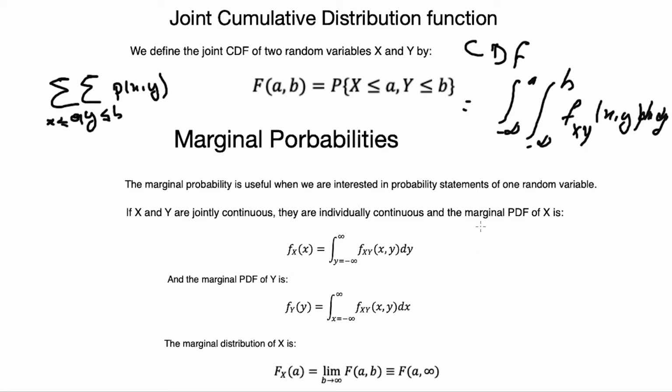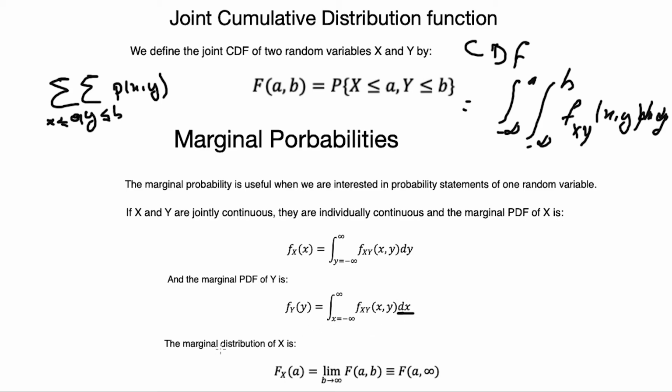The marginal PDF of a random variable X, denoted by f_X(x), is defined by the integration of the joint PDF of X and Y, where we integrate over the variable y, dy, from negative infinity to infinity, and vice versa for the variable Y. For example, if we want the marginal PDF of Y, it will be f_Y(y), and we integrate the joint PDF with respect to the variable x.